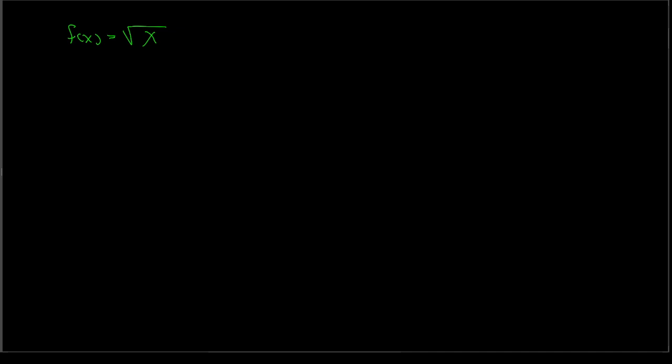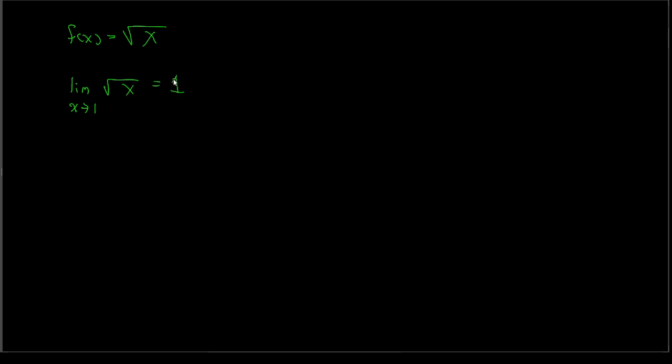We're going to ask ourselves, what's the limit of f of x as x approaches 1? So the limit of f of x, as x approaches 1, of square root of x, which we know equals 1.